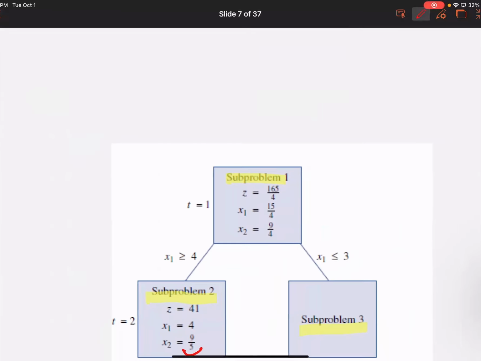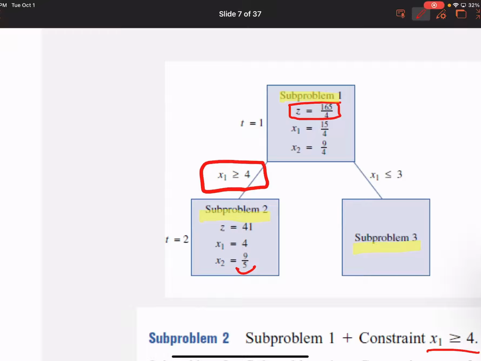Does it get better or worse? How can you explain it? I'm adding a new constraint. It may get worse, but it definitely doesn't get better. Do you agree? So the 165/4 that I originally found is, since this is a maximization problem, called an upper bound. Do you agree?